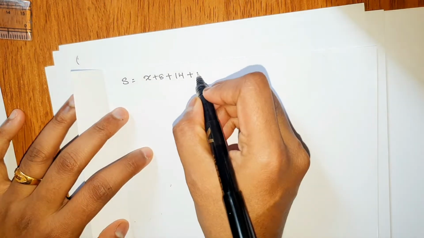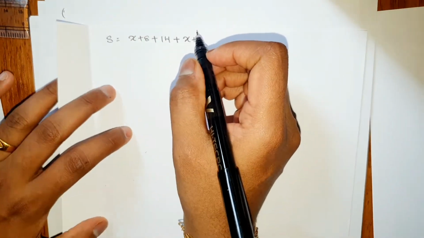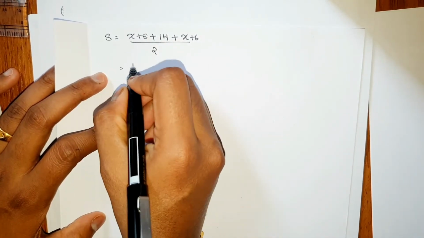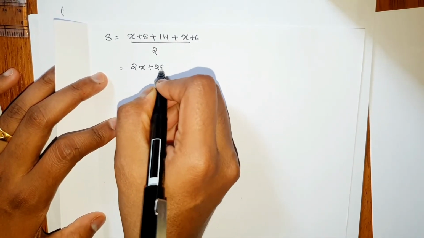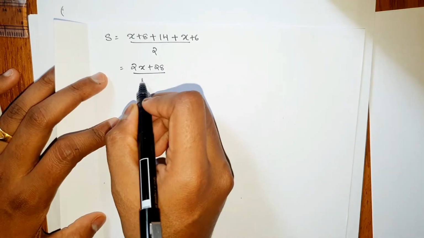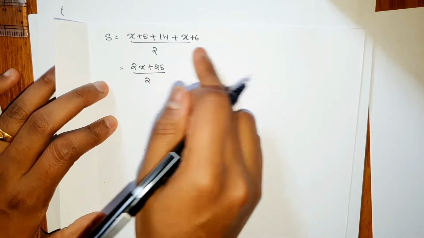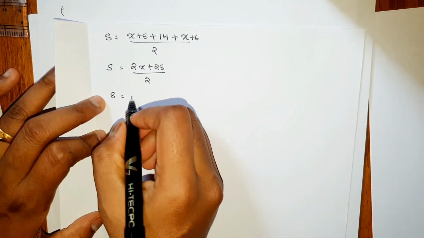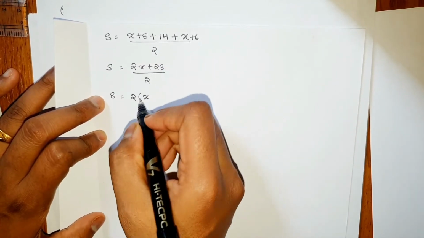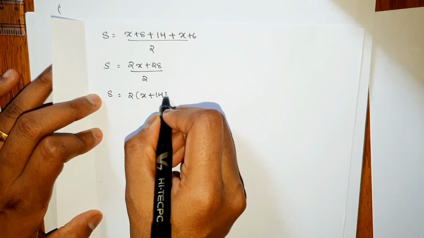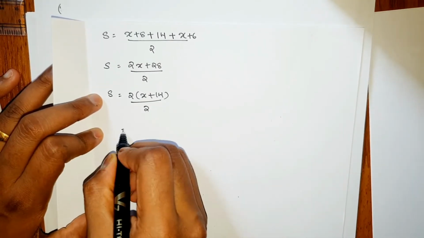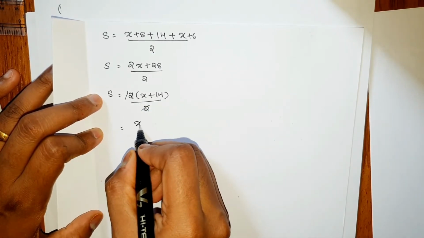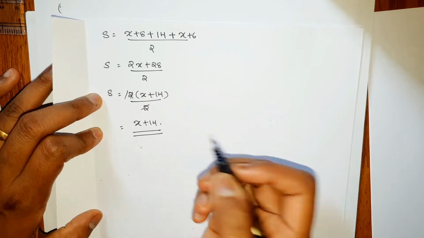So, that is x plus 8 plus 14 plus x plus 6, the whole divided by 2. That is x plus x, 2x, plus 28, by 2. Therefore, S is equal to, I can take 2 common from the numerator, so x plus 14. So, my answer is S equal to x plus 14.